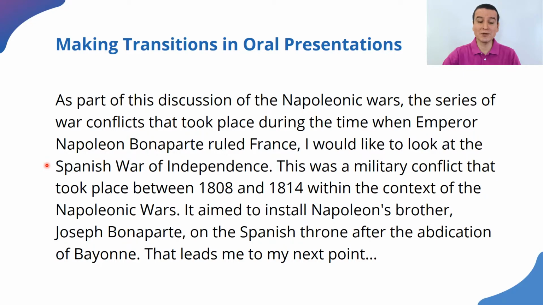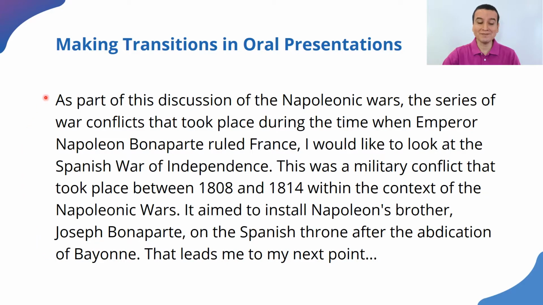This was a military conflict that took place between 1808 and 1814 within the context of the Napoleonic Wars. It aimed to install Napoleon's brother, Joseph Bonaparte, on the Spanish throne after the abdication of Bayonne. That leads me to the next point, and that's where it ends.